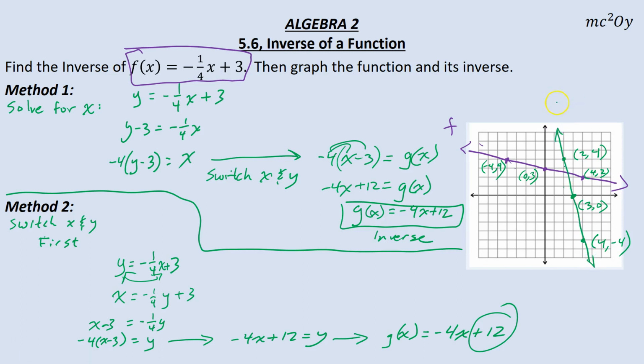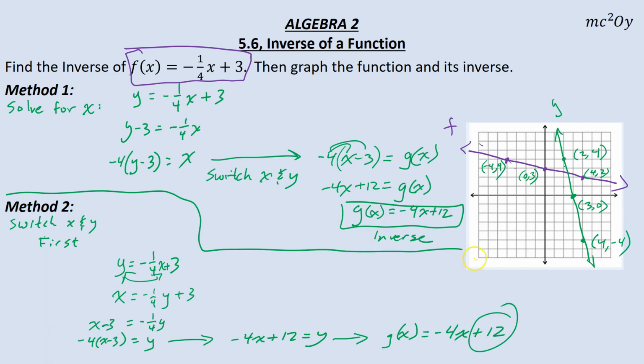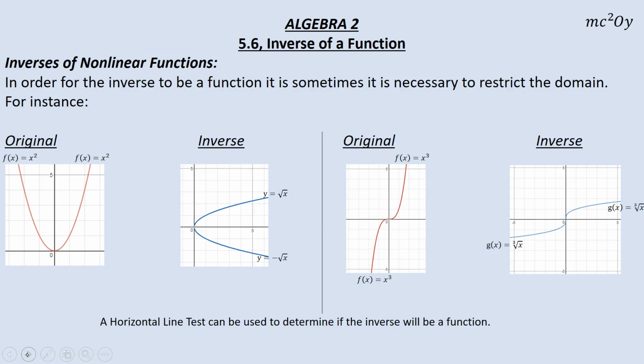That is g, and note that g should be a reflection over the line y equals x. Let me draw y equals x here. And yeah, they are a reflection over the line y equals x. All right, very good.